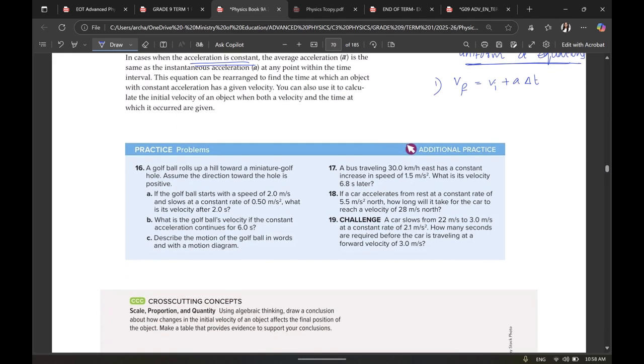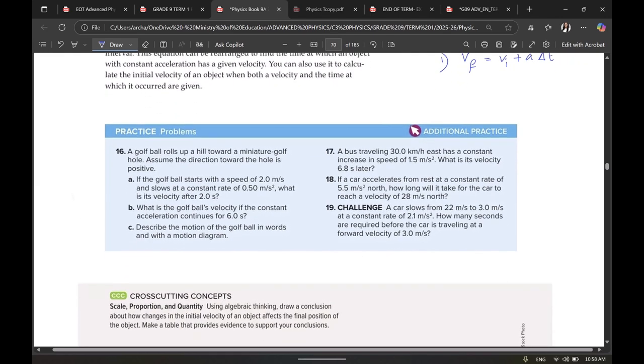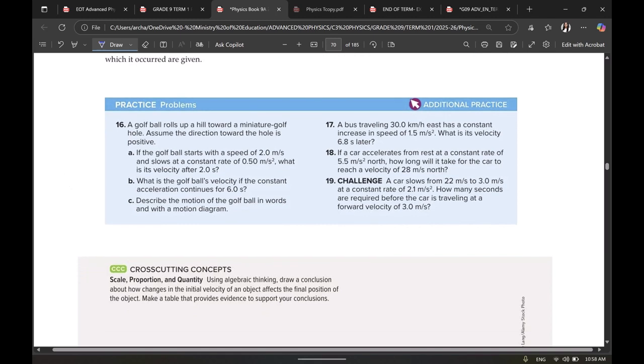Question 16. A golf ball rolls up a hill towards a miniature golf hole. Assume the direction toward the hole is positive. If the golf ball starts with a speed of 2 meter per second, you have to picturize the question in order to understand it better.